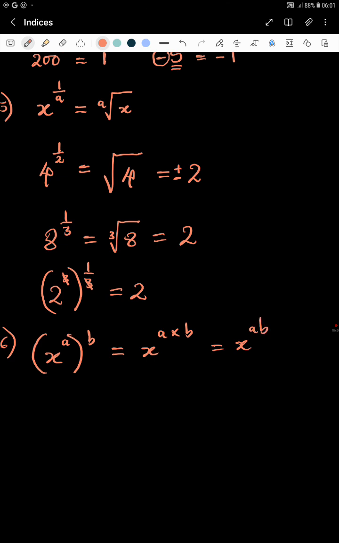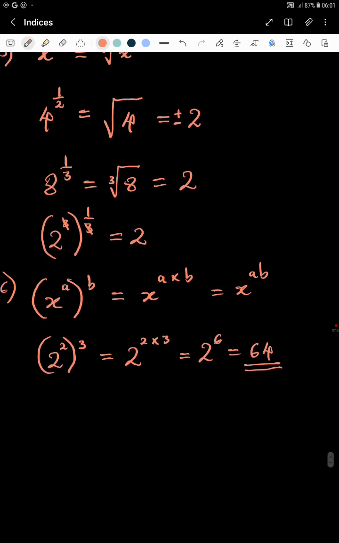In other words, if we have 2 to the power 2 that is being raised to the power 3, it's the same as 2 to the power 2 times 3, which gives us 2 to the power 6. And 2 to the power 6 is equal to 64.